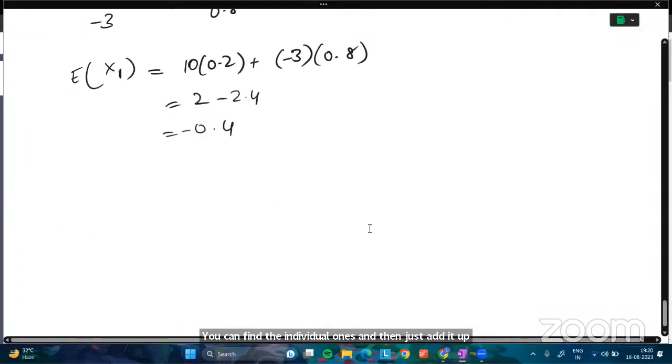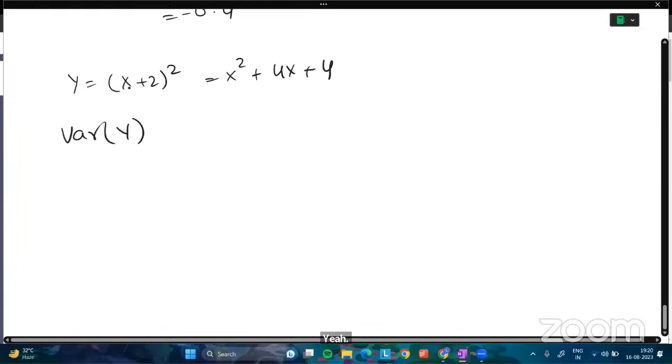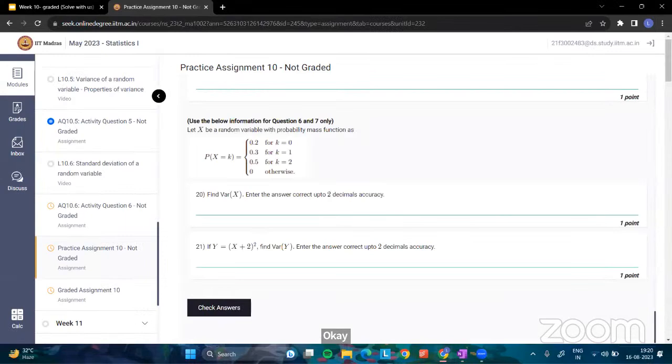Ma'am, I did this by expanding it like x square plus 4x plus 4, and it was not working. For the variance of y, I think that's because x square and 4x are dependent, so you will have a covariance term. Okay, ma'am.